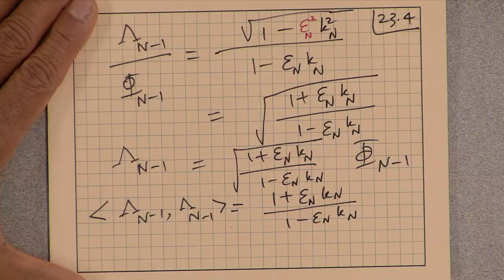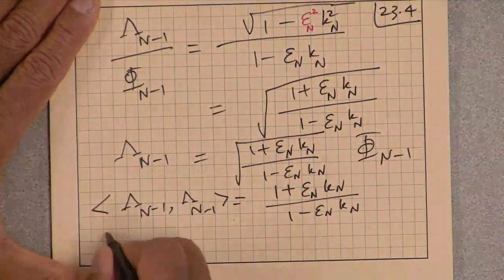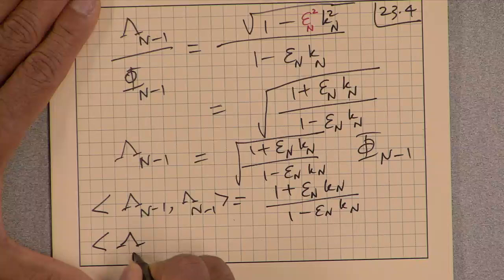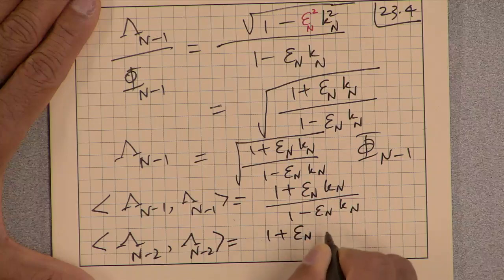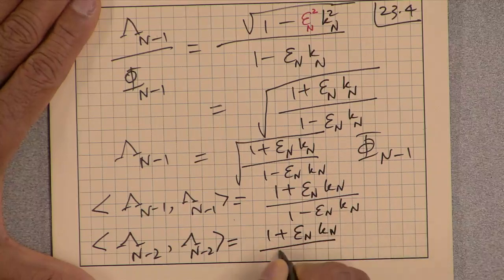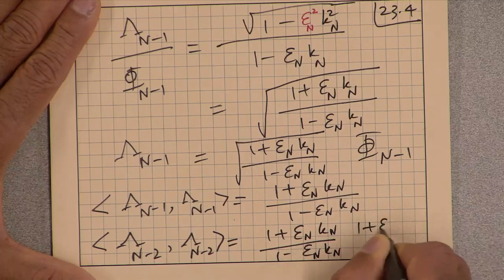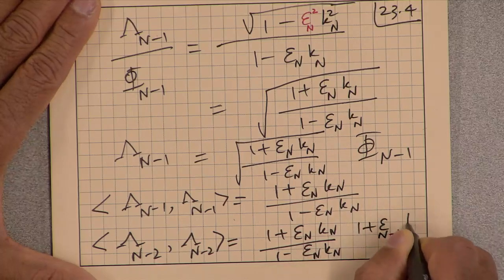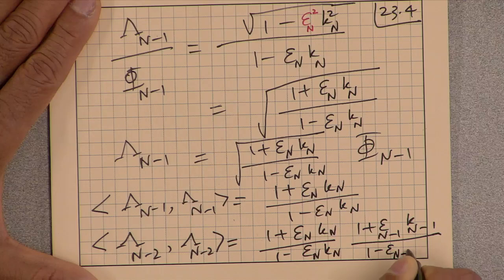And if I skip one more step, I can write down that the inner product of lambda n minus 2 with itself is going to be 1 plus epsilon n kn by 1 minus epsilon n kn, times 1 plus epsilon n minus 1 kn minus 1 divided by 1 minus epsilon n minus 1 kn minus 1.